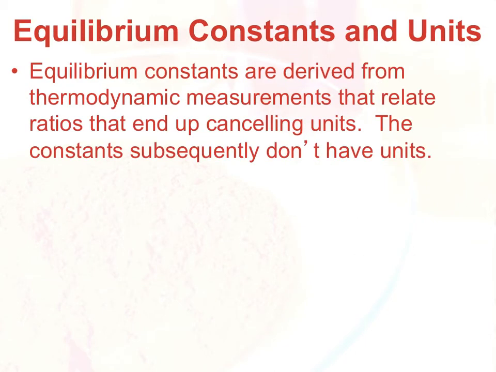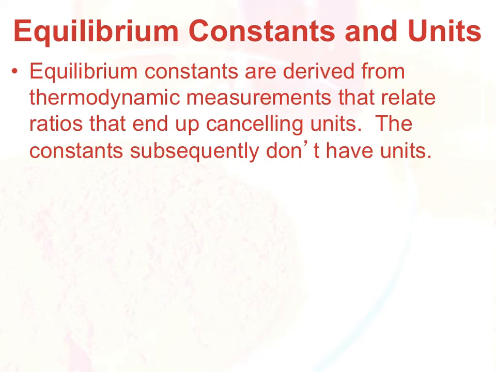The question of units for the equilibrium constant should probably have come up in your head by now, and I hope you've noticed that your Kc and your Kp values haven't had any units. The reason is that equilibrium constants are actually derived from thermodynamic measurements, which we call activities, and they relate to ratios within a reaction set, and the units end up canceling.